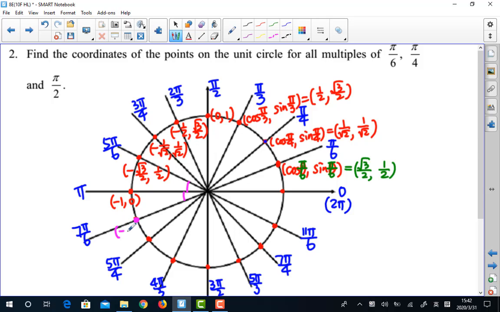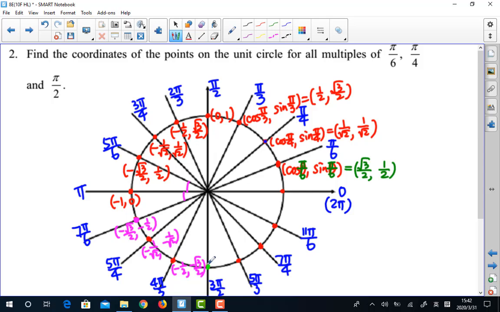Therefore, I keep the x-coordinate of 5 pi over 6 and take the opposite of the y-coordinate. Likewise, I can find that this one should be negative 1 over root 2, negative 1 over root 2. And the coordinates of this point should be negative 1/2, negative root 3 over 2.